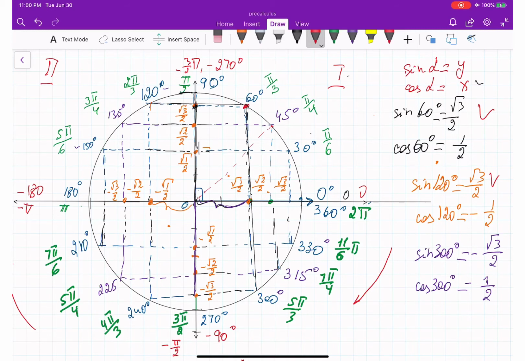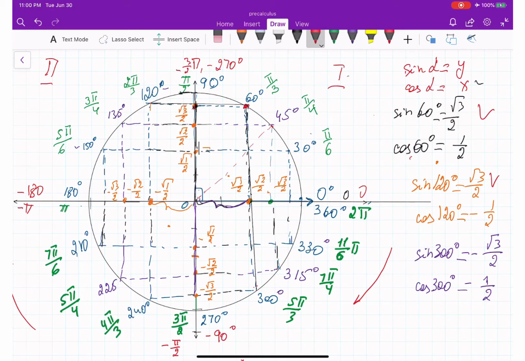Now 60 degrees and 300 degrees have opposite y's, right? Since 60 degrees has positive y, 300 degrees has negative y, which means the same absolute value but a different sign.